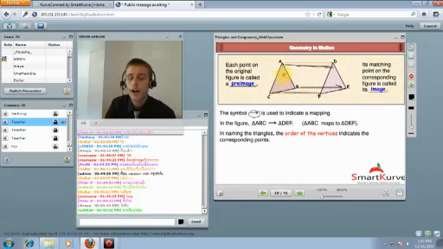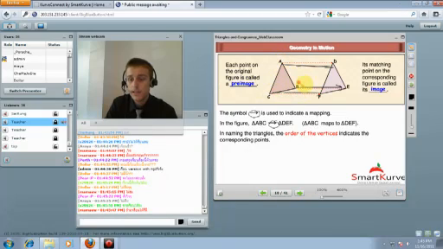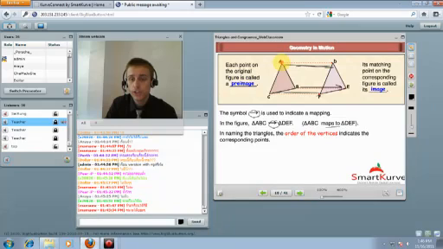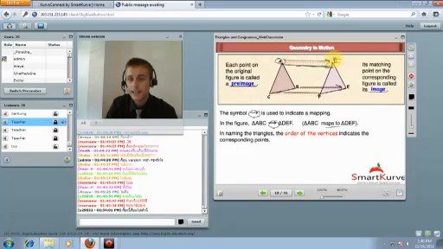In the figure, triangle ABC to triangle DEF, it's saying triangle ABC maps to triangle DEF. No sizes are changed, no dimensions are changed. The points slide down. Mapping.